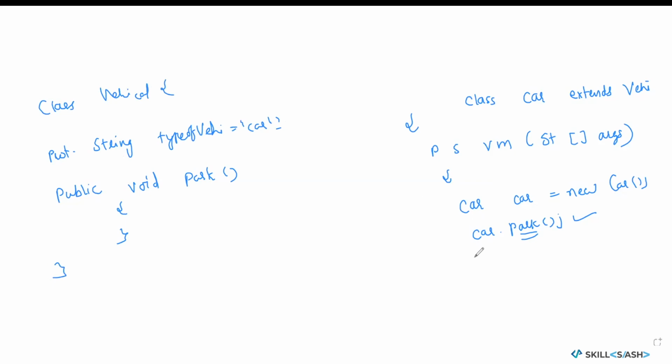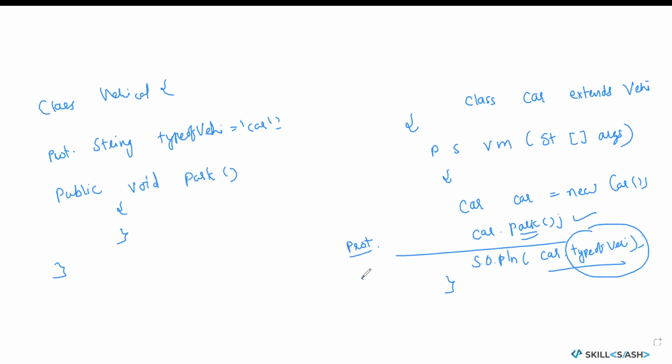Now if I do System.out.println and in that I put car.typeOfVehicle, then since typeOfVehicle is protected, it will allow it.